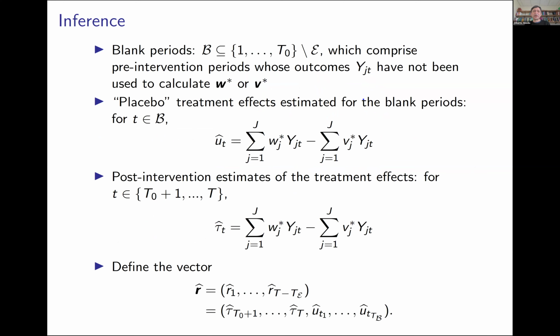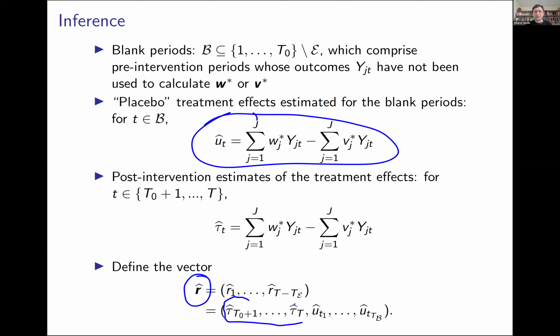And this is where using the blank periods is going to be useful for us, because what we can do now is estimate placebo effects over all these blank periods, and construct this vector R hat that is going to contain all our estimators in the experimental periods and all our placebo estimated treatment effects.